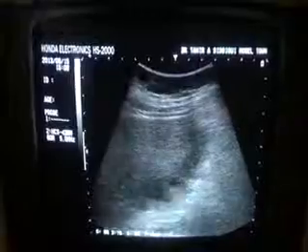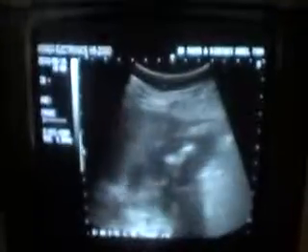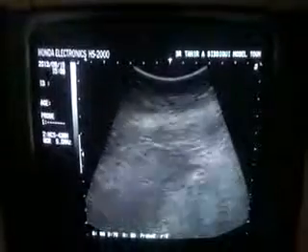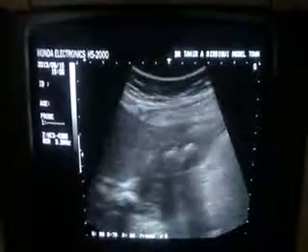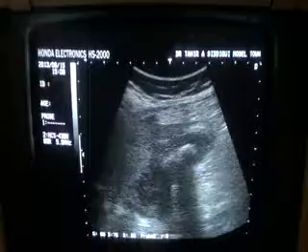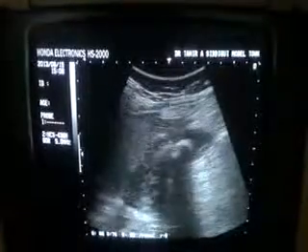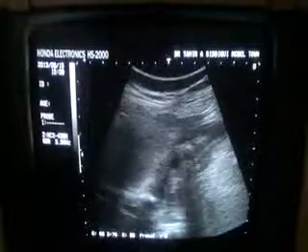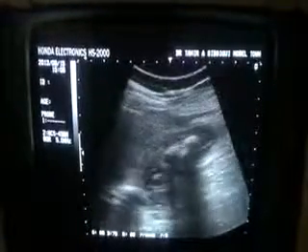Now the patient is in left lateral decubitus posture, evaluating the gallbladder. Focusing on the gallbladder, we see that there are calculi within the lumen and the wall is thick.